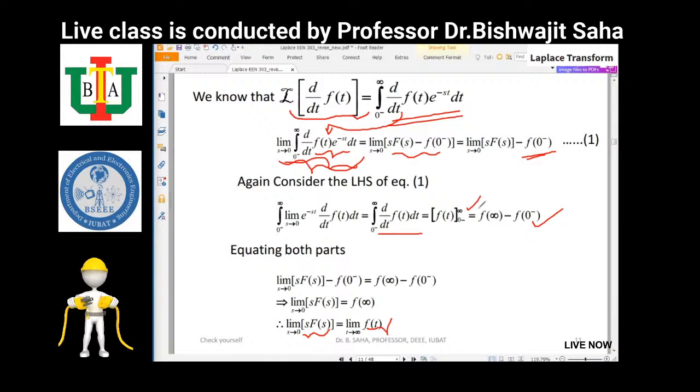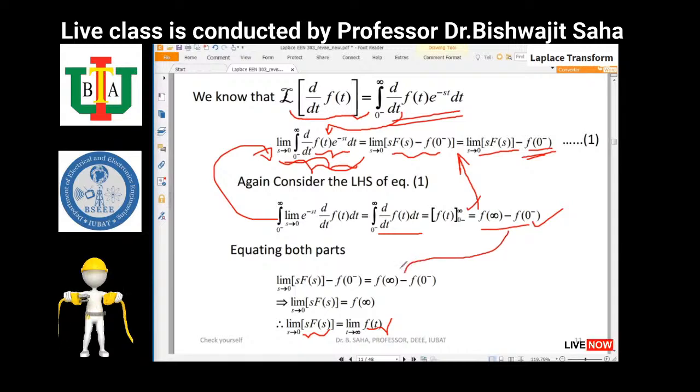Now equating both parts, because the left side and right side are the same thing. Limit s tends to 0 of s F of s minus f of 0 minus equals to f of infinity minus f of 0 minus. This minus f of 0 minus and that minus f of 0 minus cancel out each other.